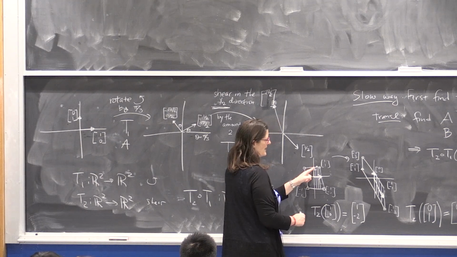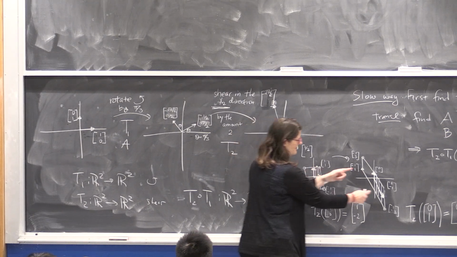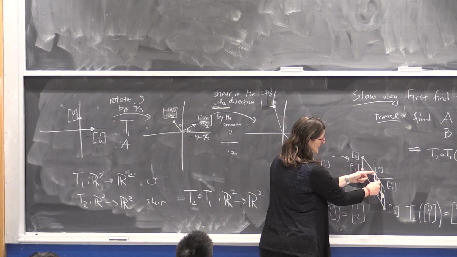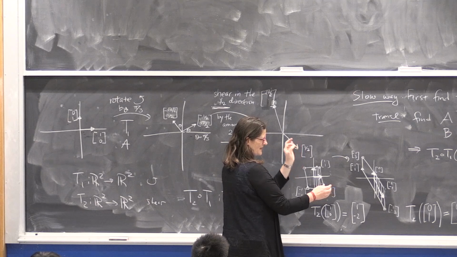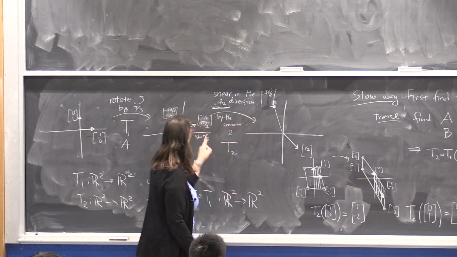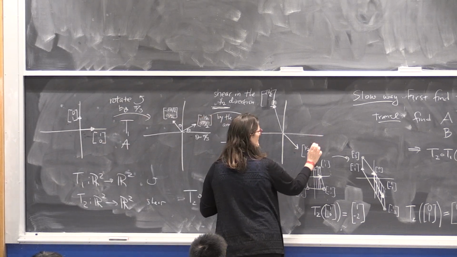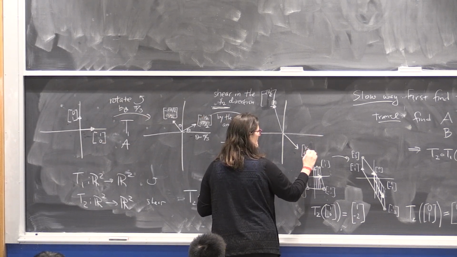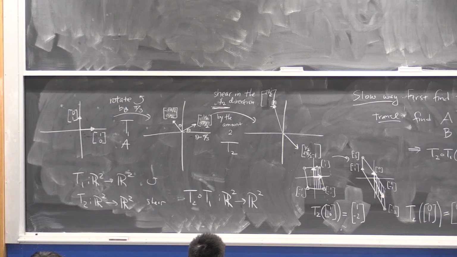If you're 0 away, you don't go down or up by anything. If you're 1/2 away, you're going to go down half as much. And so going down half between going down not at all and going down by 2 would be going down by 1. So this is going to go to root 3 over 2 minus 1. So now, uh-oh.